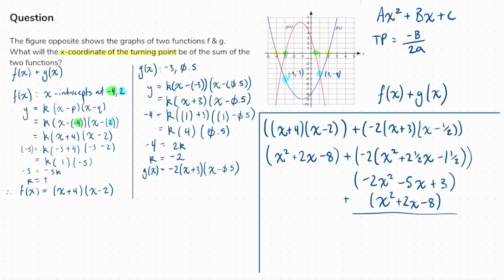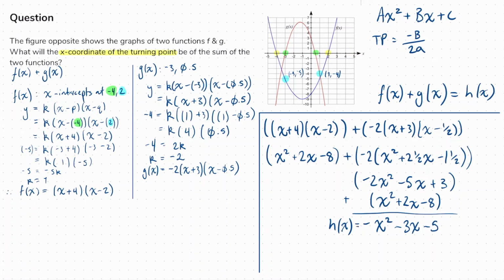We've got minus 2 plus 1, which is negative 1 x squared, minus 5 plus 2, well, that gives me minus 3x, and then plus 3 plus negative 5 is minus 5. So this is my new, let's call this h of x, so that's f of x plus g of x.